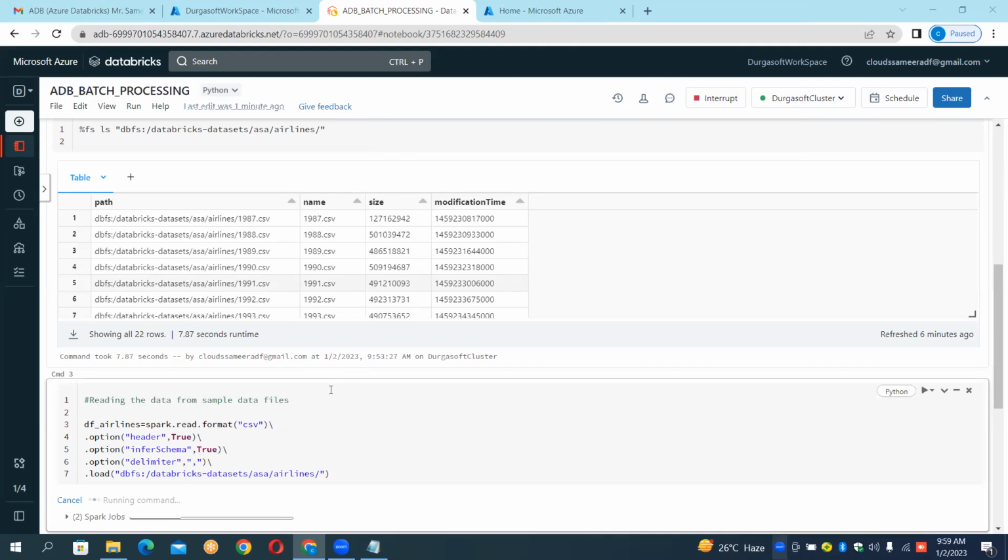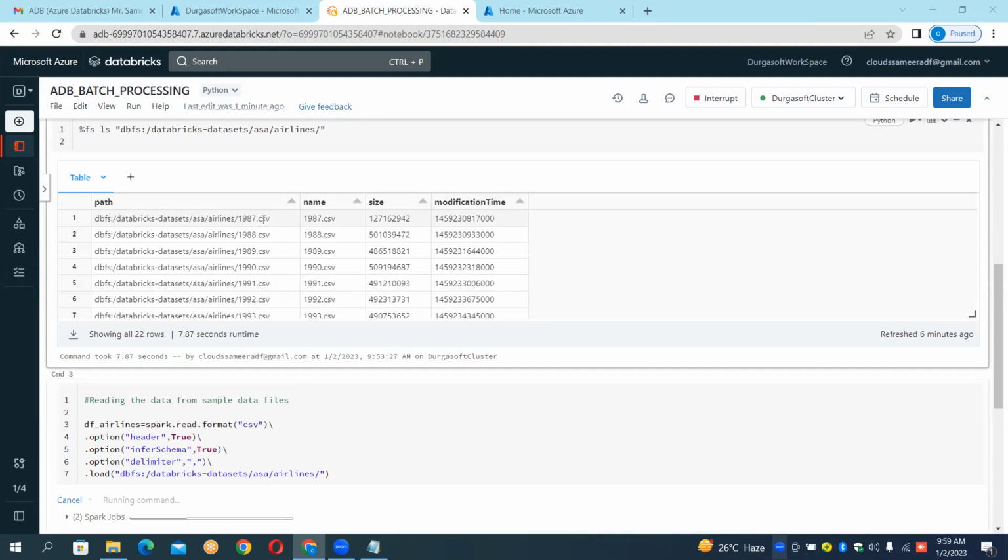You can see here, airlines slash 1987.csv. We have a lot of CSV files within that folder, so I think it's taking a lot of time to process. Okay. Yes. Got it.